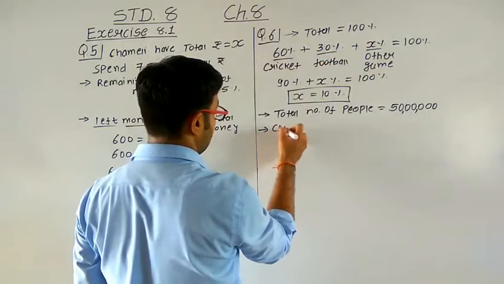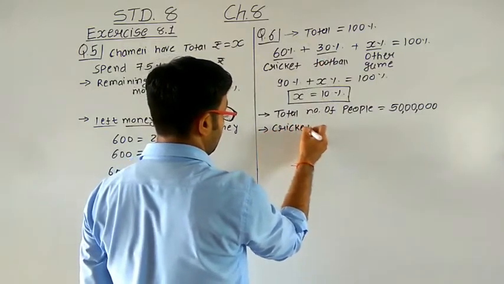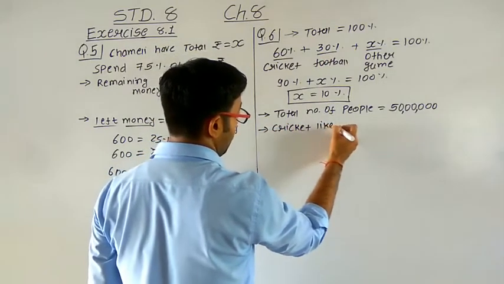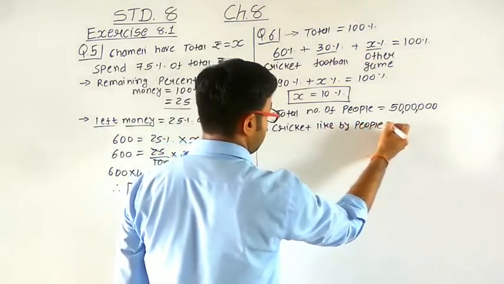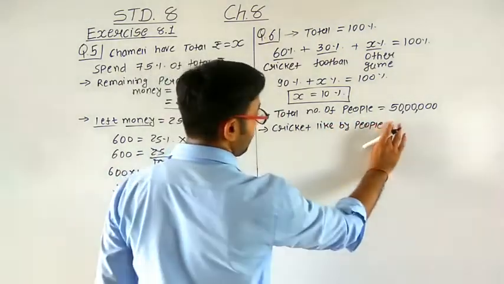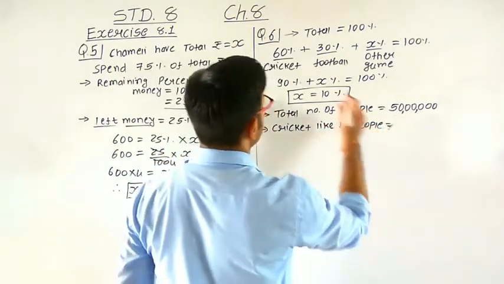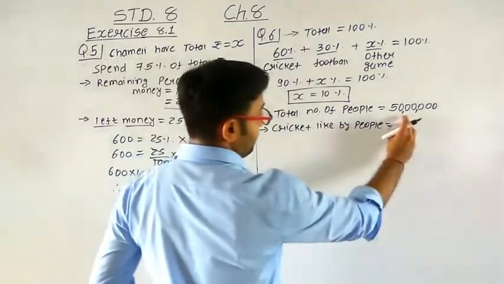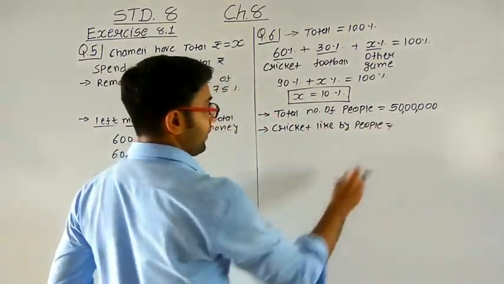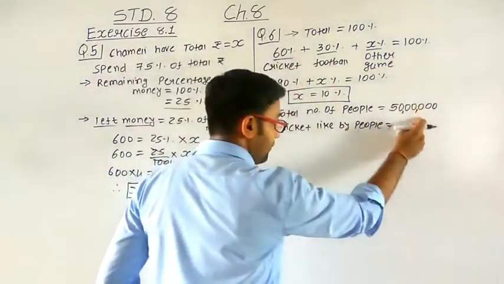How many people like cricket? Out of 100%, 60% of people like cricket. The total number of people is 50 lakh, so we have to find 60% of 50 lakh.